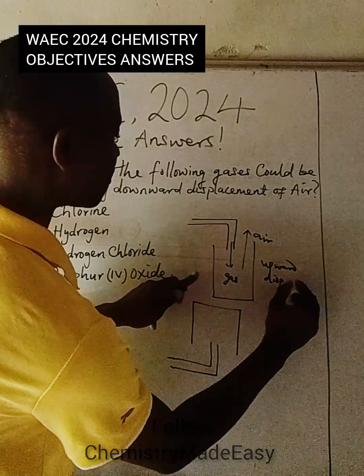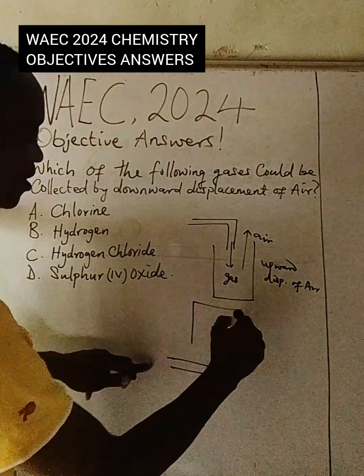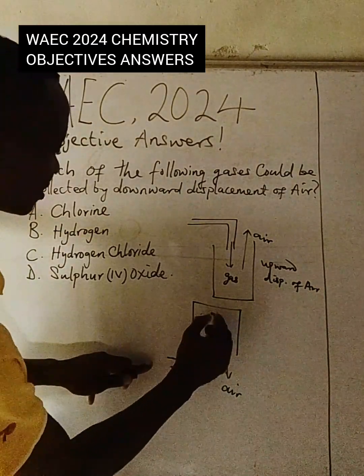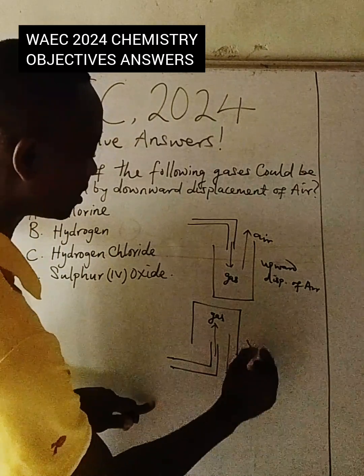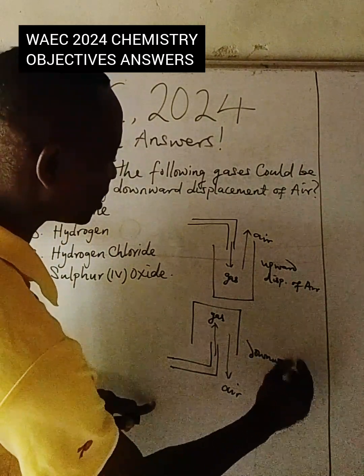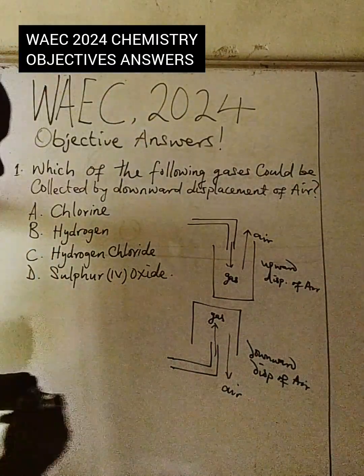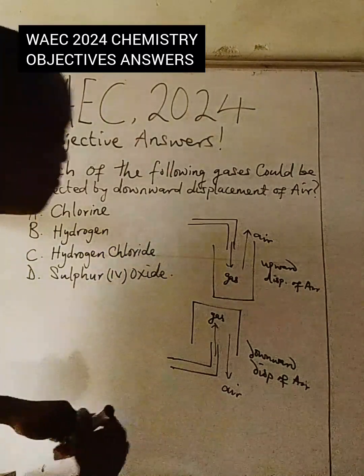displacement of air. But here, as the gas goes up, air comes down. Air comes down as the gas goes up. As air comes down, we call this downward displacement of air. Why must gas displace air down?